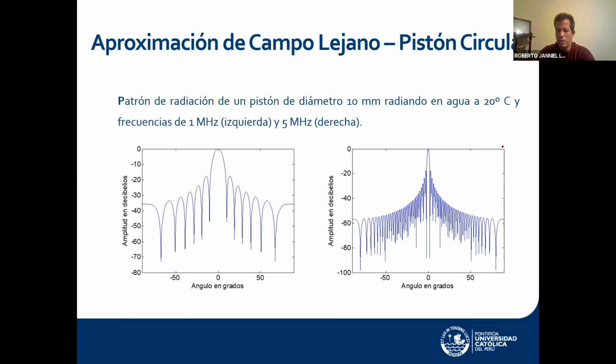A couple of things to mention here, which are important. Why is the beam for the higher frequency narrower than the one for the lower frequency?